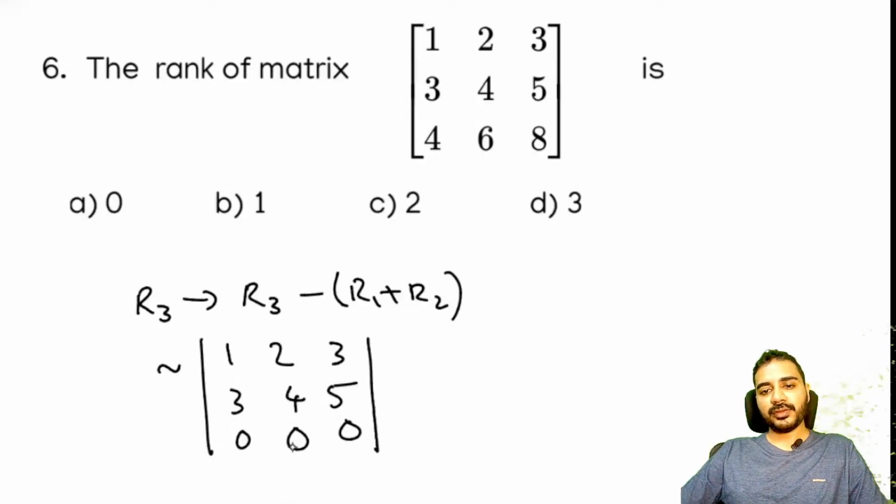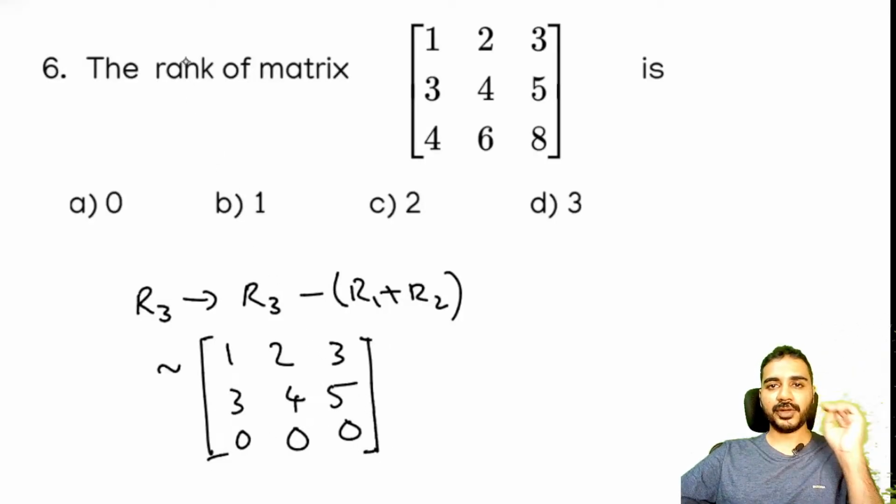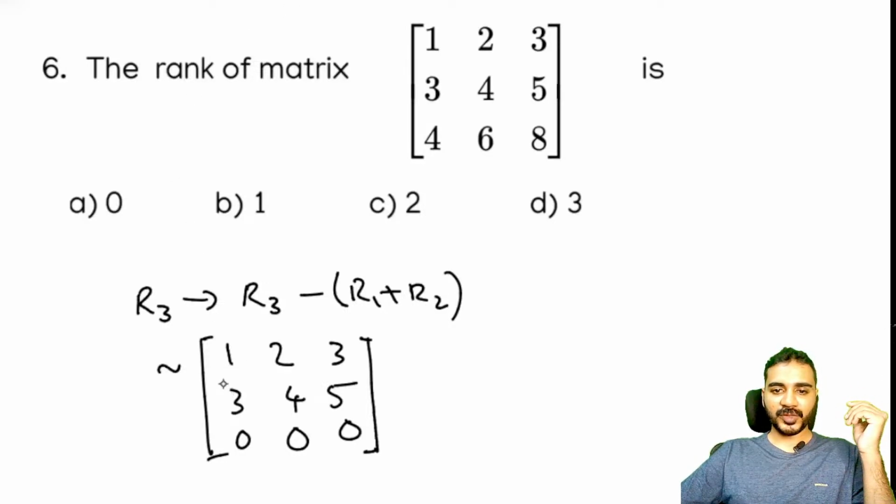So if we get one row completely 0, the determinant of order 3 will always be 0. So the rank of this matrix will always be less than 3. That we are sure of. Now consider some second order minors here. If I consider this one, 3 into 0 minus 0 into 4 is 0. If I consider this one, 4 into 0 minus 5 into 0 is 0. So don't conclude on that. Let's consider another one.